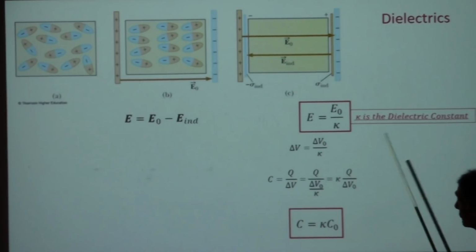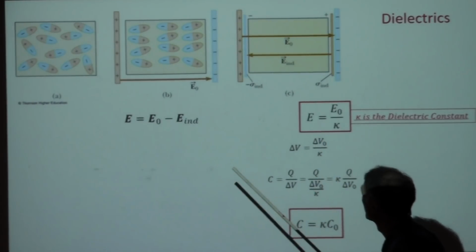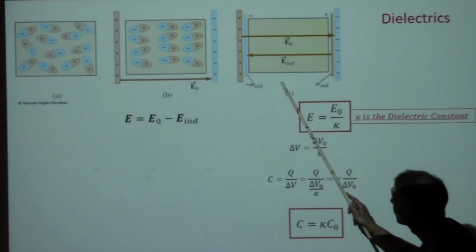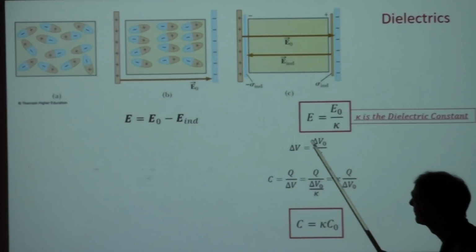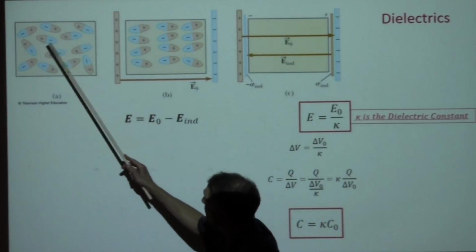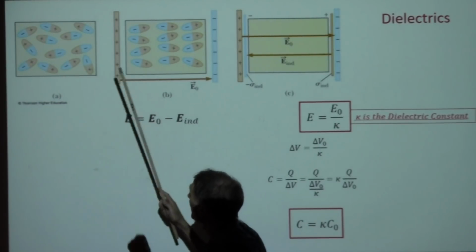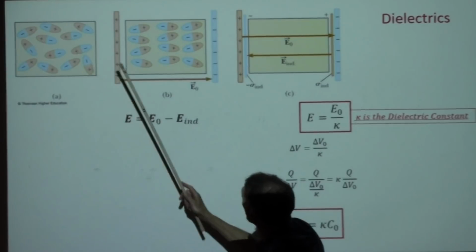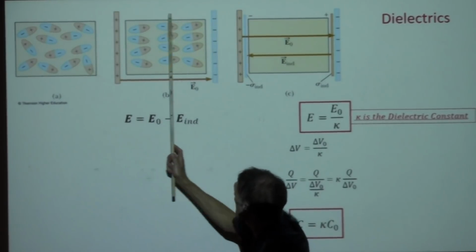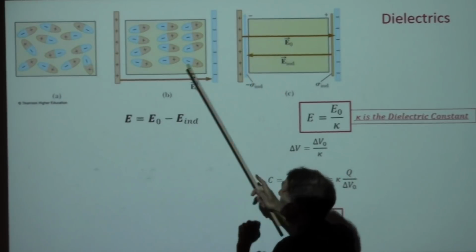If you have dielectrics, they can strengthen your capacitance. Actually, what they do is they weaken the electric field. The idea is if you stick some material in there, and it's made up of protons and electrons, and normally it's neutral, they're kind of randomly distributed. If they're stuck between the plates of a capacitor, they will start to get stretched and they can polarize.